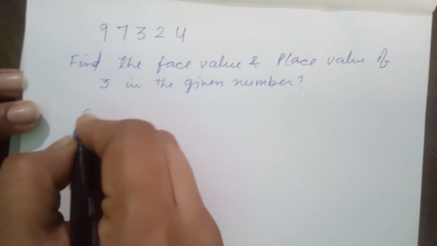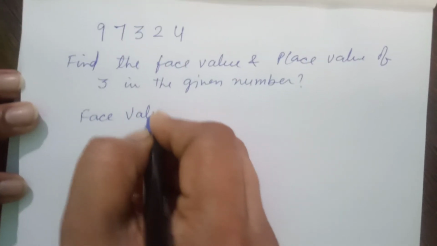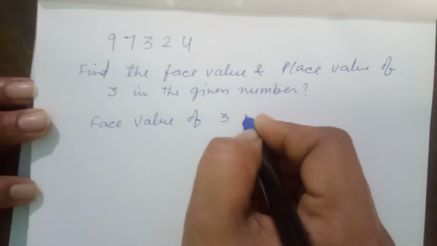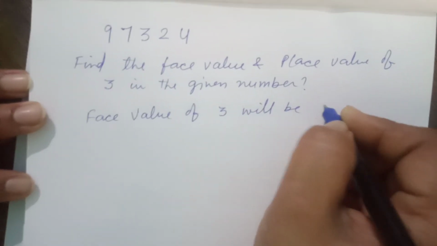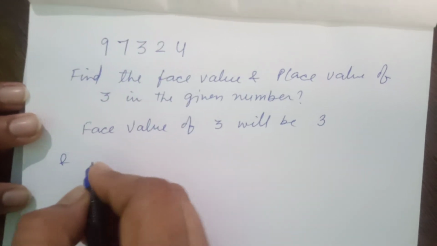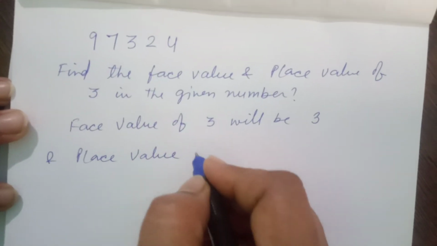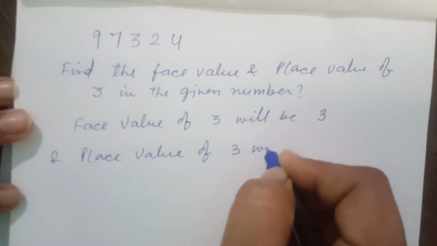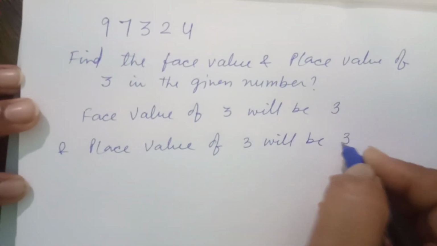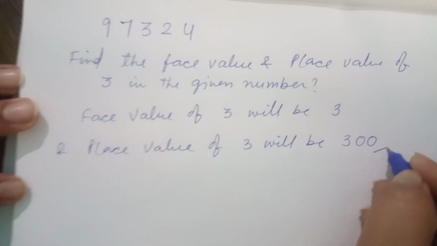Then face value of 3 will be 3, and place value, which depends on the position of the digit, of 3 will be 300.